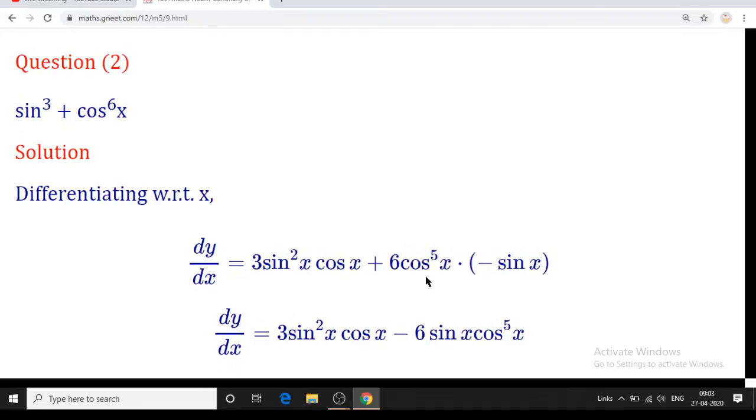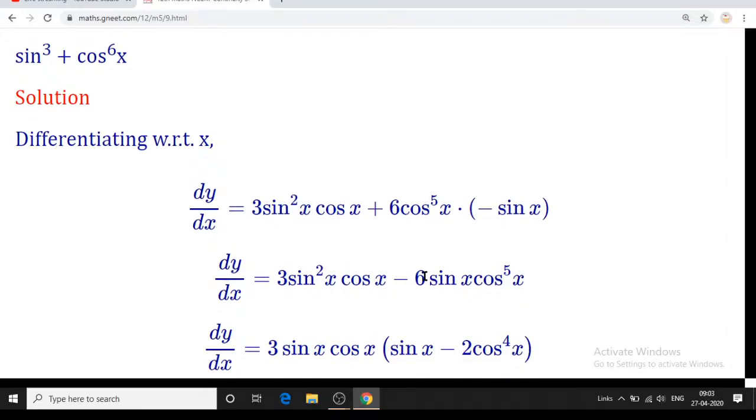Now the second question is similar: sin³x + cos^6 x. The thing you have to remember is that sin³x is nothing but (sin x)^3. So the derivative will be 3 (sin x)^(3−1) = 3 sin²x, and then the derivative of the bracket.